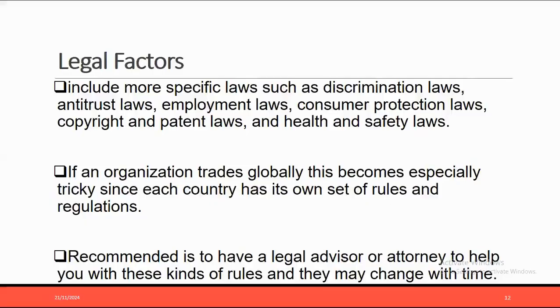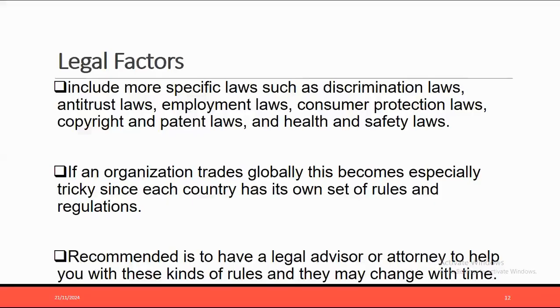Remember that these laws, they are not static. Laws are relative to where you find yourself. So it is very important that if, for example, your business is an international business, you get to know the law that governs whichever area that your branch is located, right?